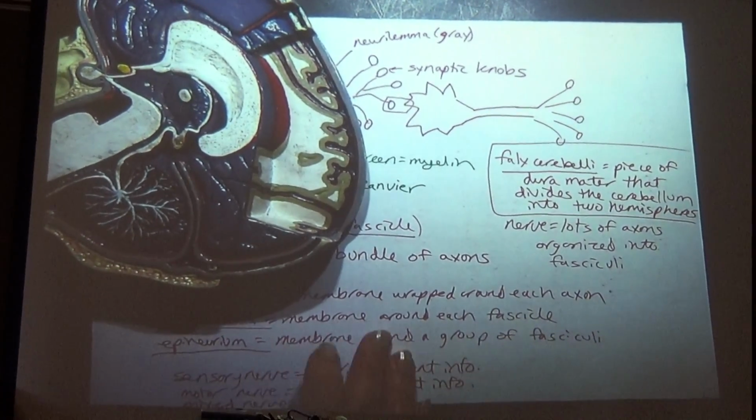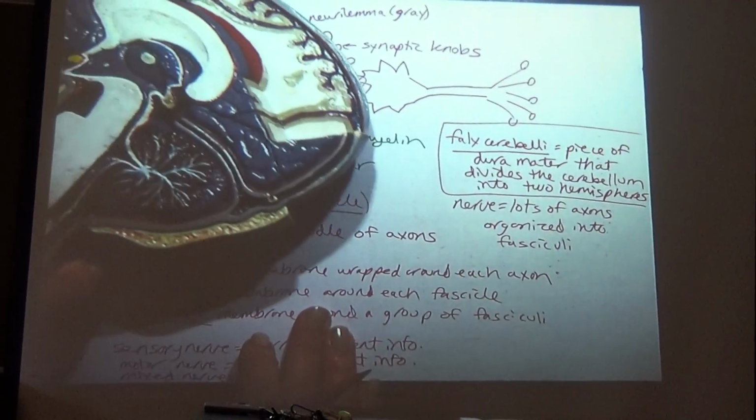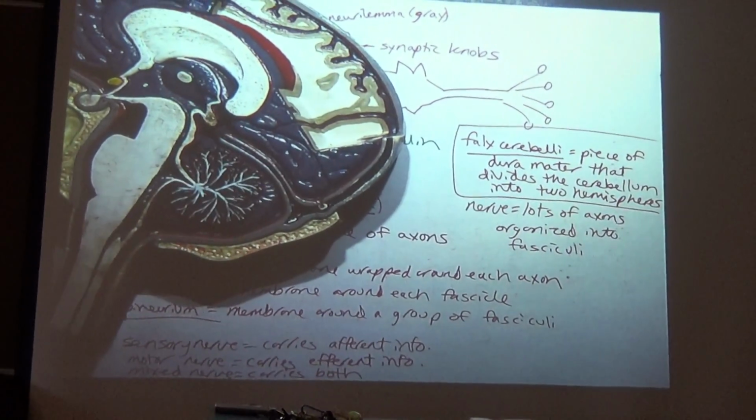So the falx cerebelli is a piece of dura mater that divides the cerebellum into two hemispheres.